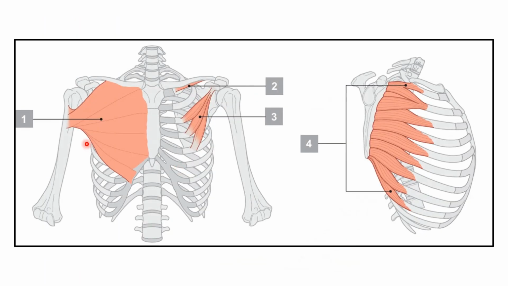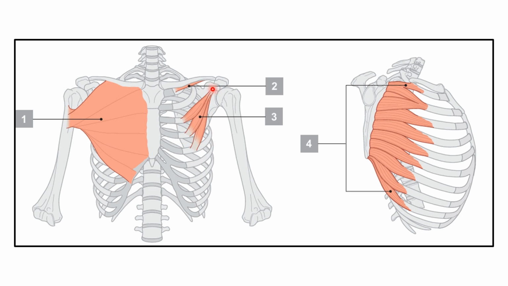Okay, you can see this is pectoralis major, supplied by the lateral and medial pectoral nerves, and its action is adduction, medial rotation and flexion of the arm. And this is pectoralis minor, supplied by only the medial pectoral nerve, and it inserts to the coracoid process.